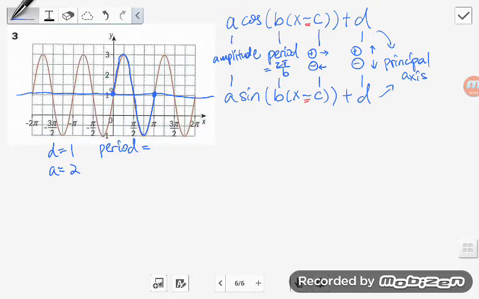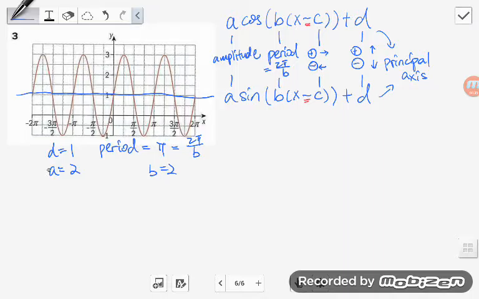The angle for that to happen is pi, so my period is equal to pi. As we mentioned just now, period is equal to 2 pi over b, which means my b is equal to 2.